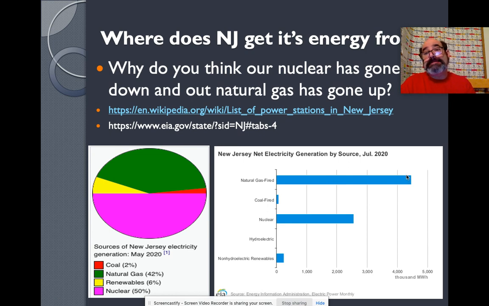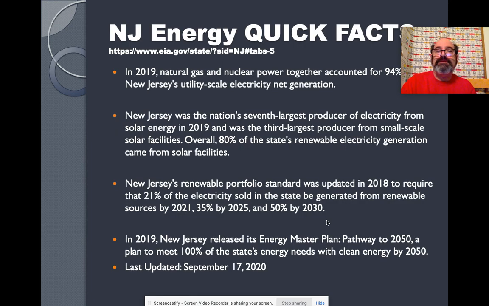Well, natural gas is cheaper. That's why. So now we're using more natural gas. And nuclear is going down. It would be nice to have nuclear, but the problem is nuclear waste, which is another story for another day. And here's a whole bunch of facts, which I will save for the next slide.